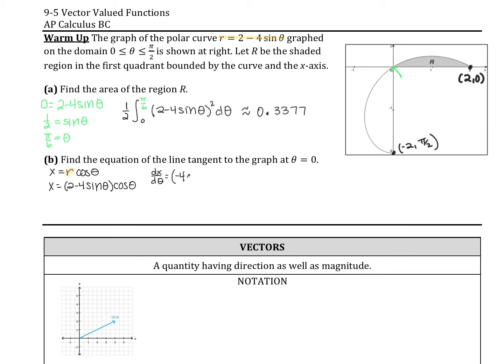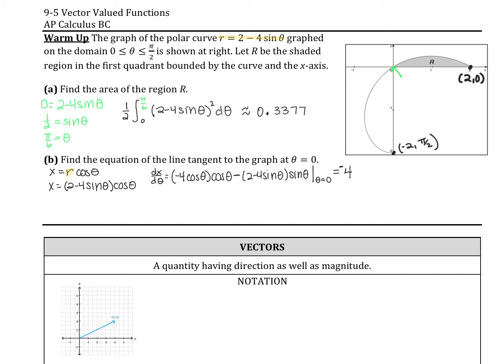So we would get negative 4 cosine theta times cosine theta plus (2 minus 4 sine theta) times the derivative of cosine, which is negative sine. So this will change to a negative sine of theta. I'm going to evaluate that when theta equals 0, and I get negative 4.